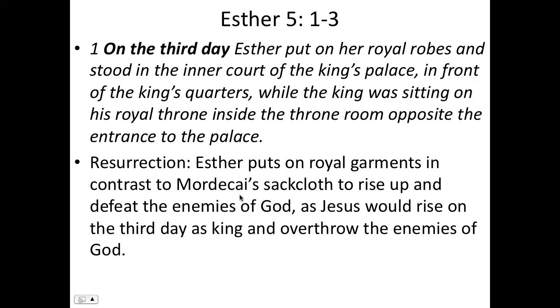You had sackcloth and ashes, people mourning, people fasting 3 days. But after 3 days, she rises up to defeat the enemies of God and provide salvation. She's going to be the tool of salvation for the Jewish people, just as Jesus would rise on the third day as king and overthrow the enemies of God. So it's a little bit of third day language there.